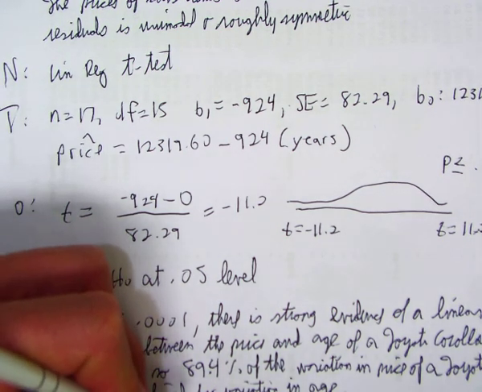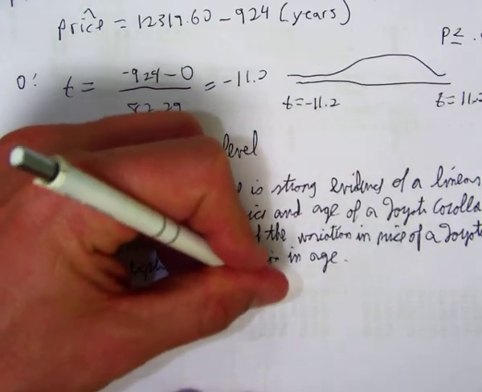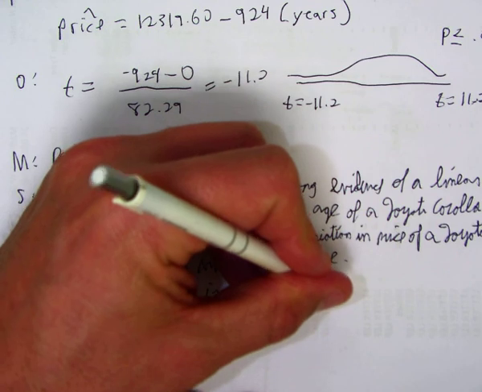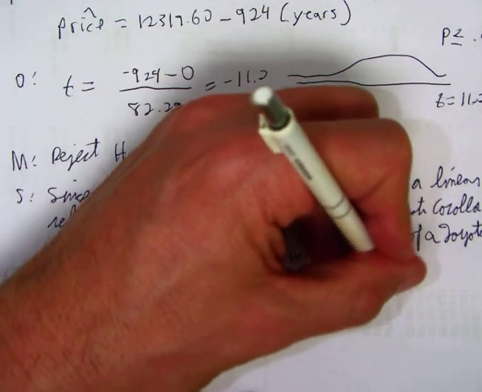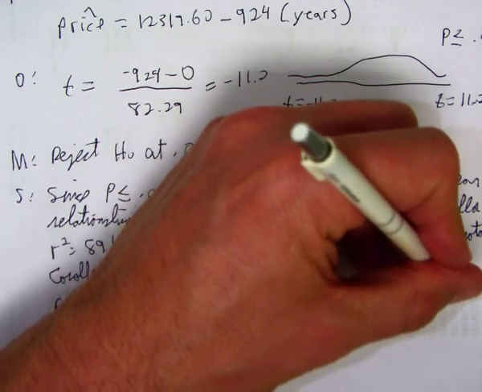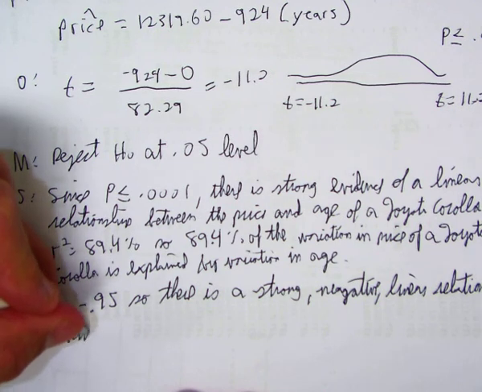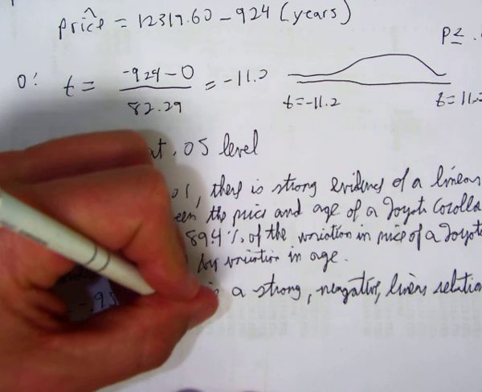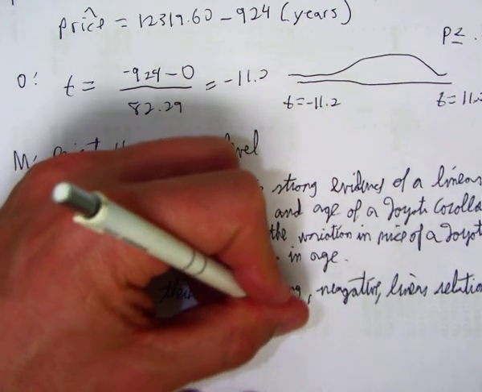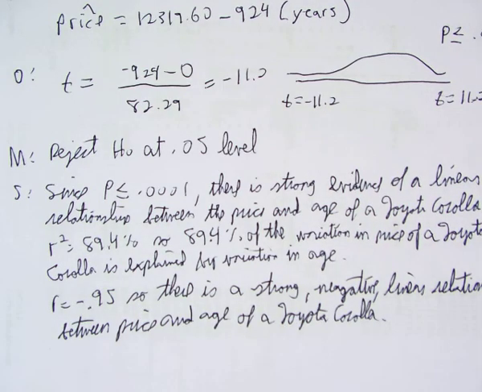So there is a strong negative linear relationship between price and age of a Toyota Corolla. And that should wrap it up.